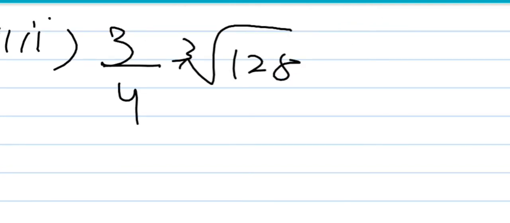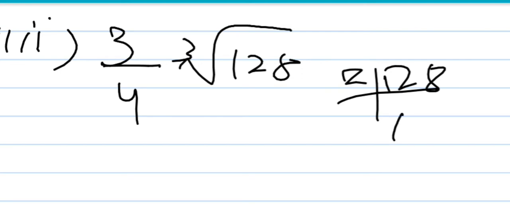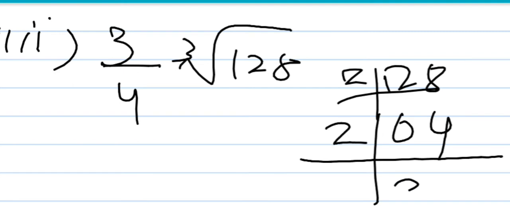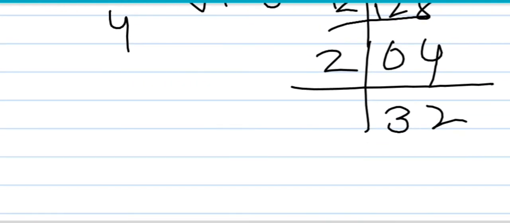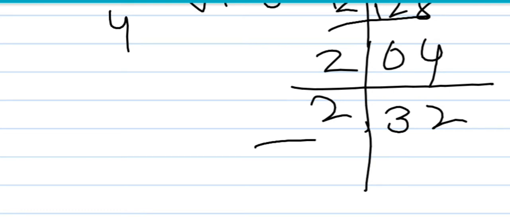So the next question is 3 divided by 4 into cube root 128. Simply finding the factors of 128. 128, 2 6s are 12 and 2 4s are 8. 2 3s are 6 and 2 2s are 4. 2 1s are 2 and 2 6s are 12.